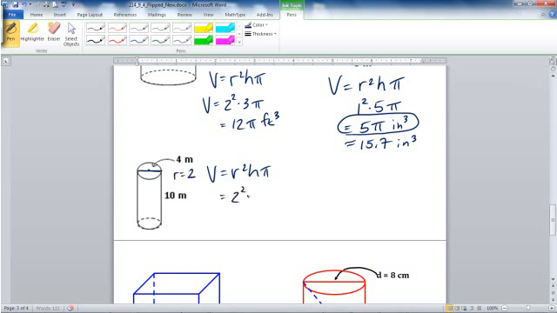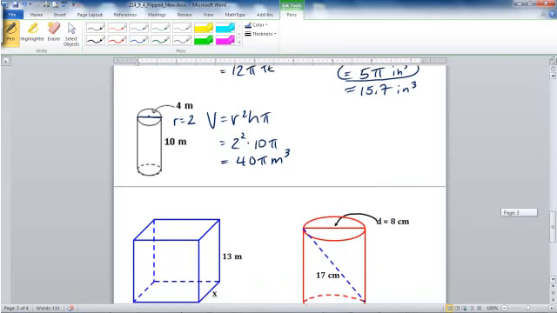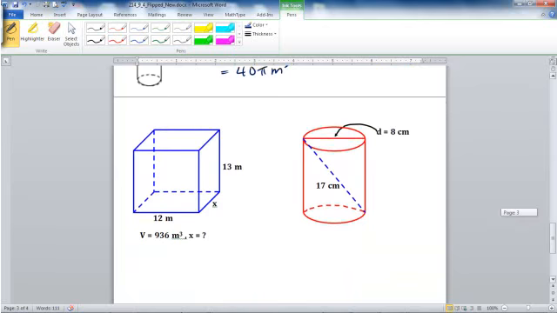So 2 squared times my height, pi. 2 squared is 4. 4 times 10 is 40. So 40 pi meters cubed. So that's the formula for volume. Area of the base times the height, and we just converted the formula for the cylinder.